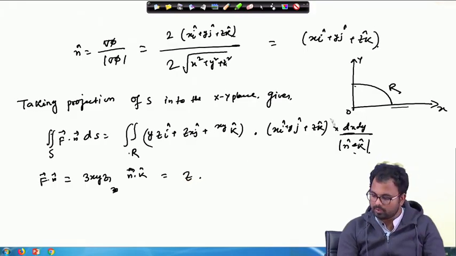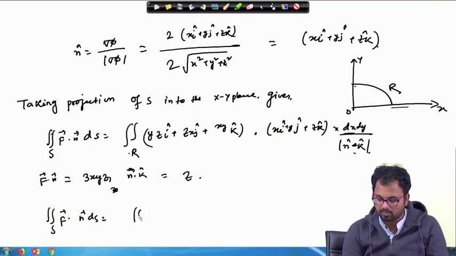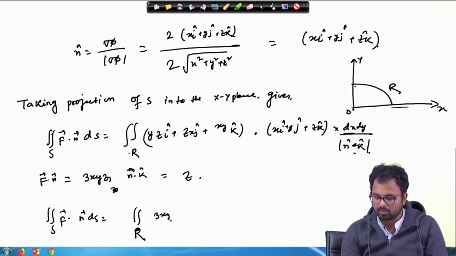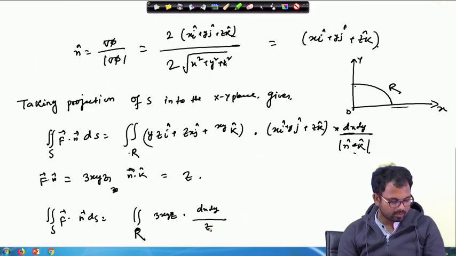And therefore, if I substitute everything here, the surface integral of F dot n dS is equal to the integral over R of 3 x y z, times, it is not a cross product, dx dy, and n dot k is again z.